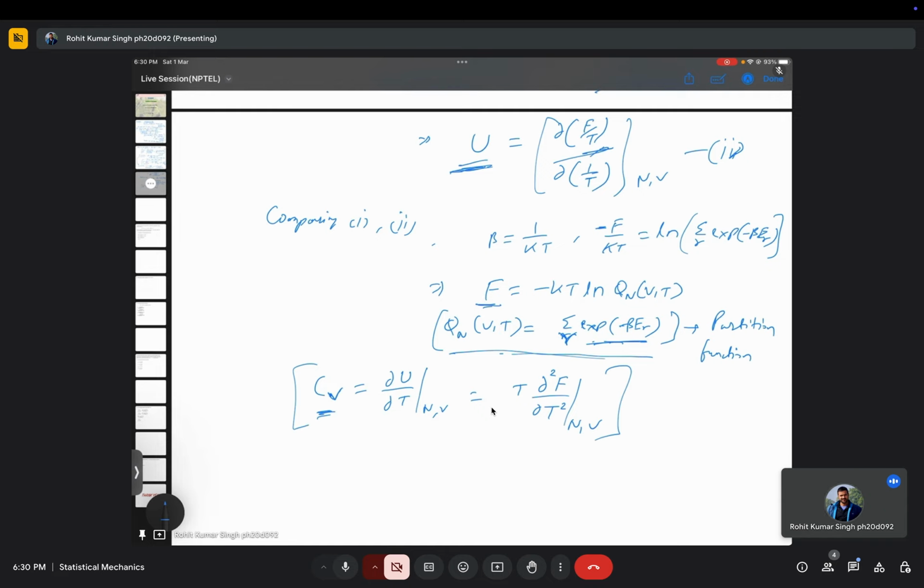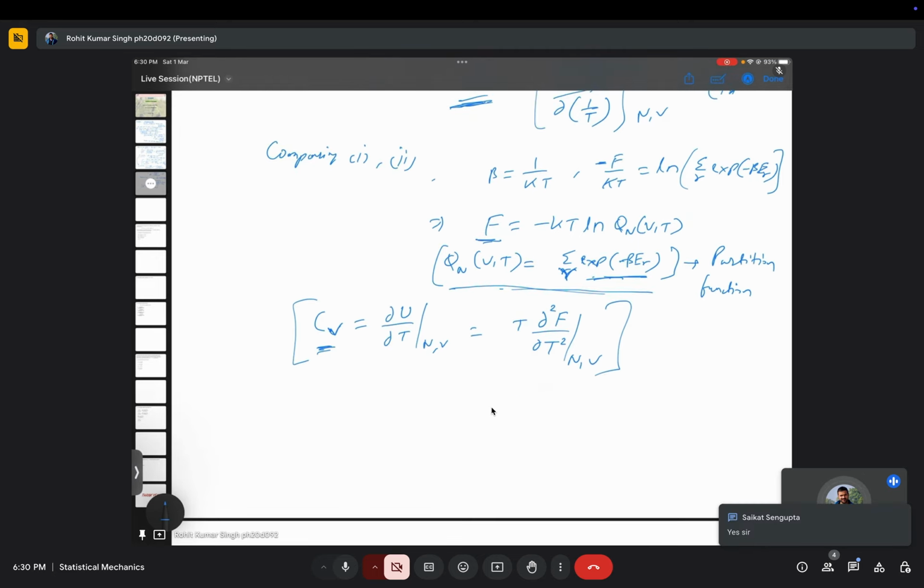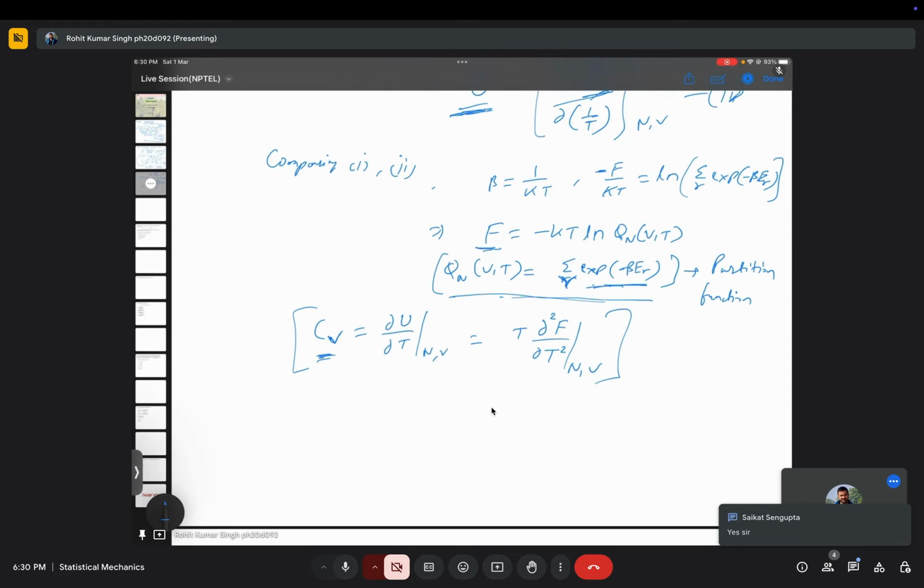Yes, sir. Okay. Now one more very important result you can see from here. Since we are denoting the partition function by Q_N, this probability P_R we can write like this, with Q_N to the power minus 1. We can ask what is the expectation value of the log of this probability.